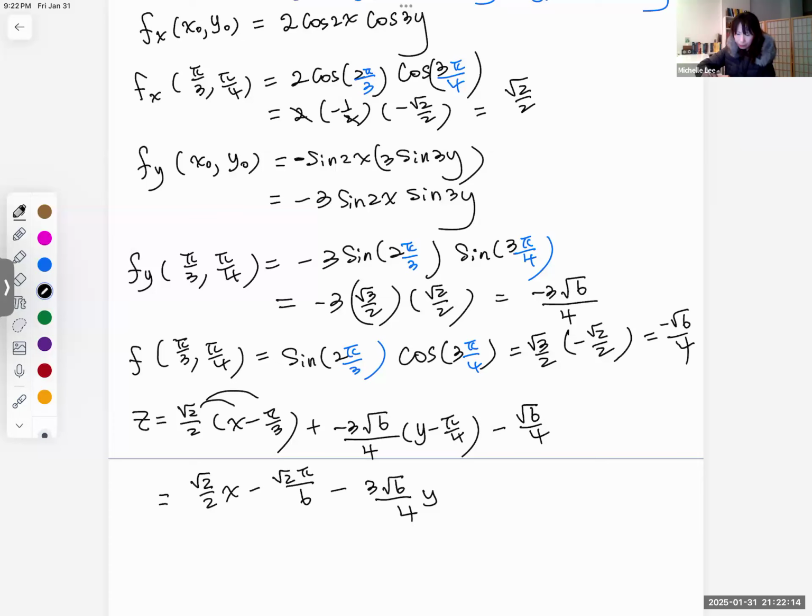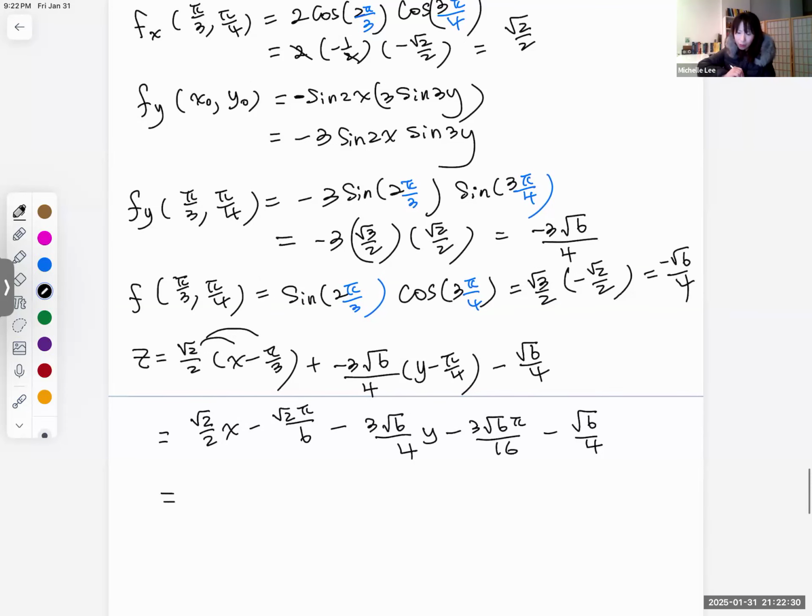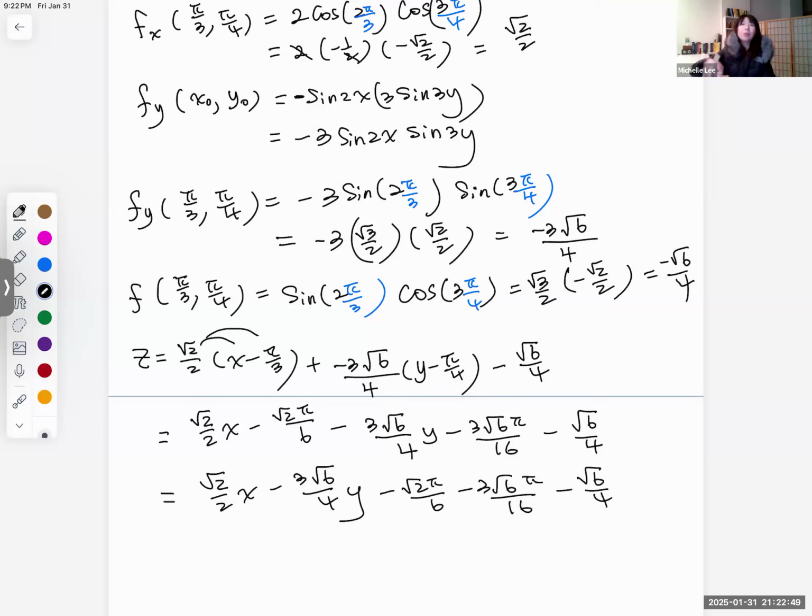And we have a minus 3 square root of 6 pi over 16 minus square root of 6 over 4. Okay, so if we arrange x, y, so square root of 2 over 2x, negative 3 square root of 6 over 4y, and constant term. Yeah, just leave it like this. Or you can make a decimal. It's up to you.